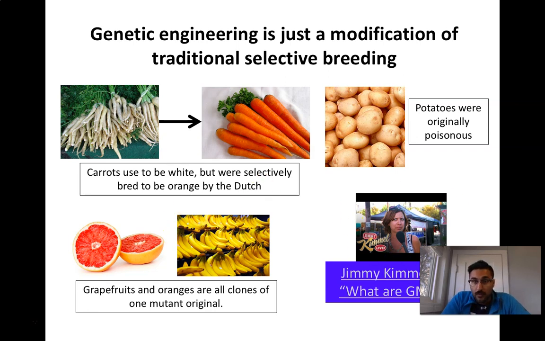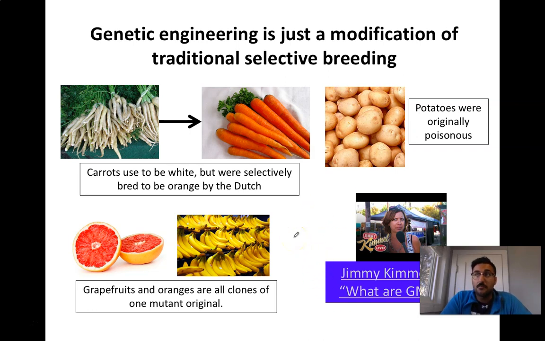If you are bored and you have two seconds and you want to cringe, Jimmy Kimmel on YouTube has a good video. Just type in "What are GMOs" by Jimmy Kimmel, and there's a good little skit watching people not understand what a GMO is, and yet they're adamantly against them.